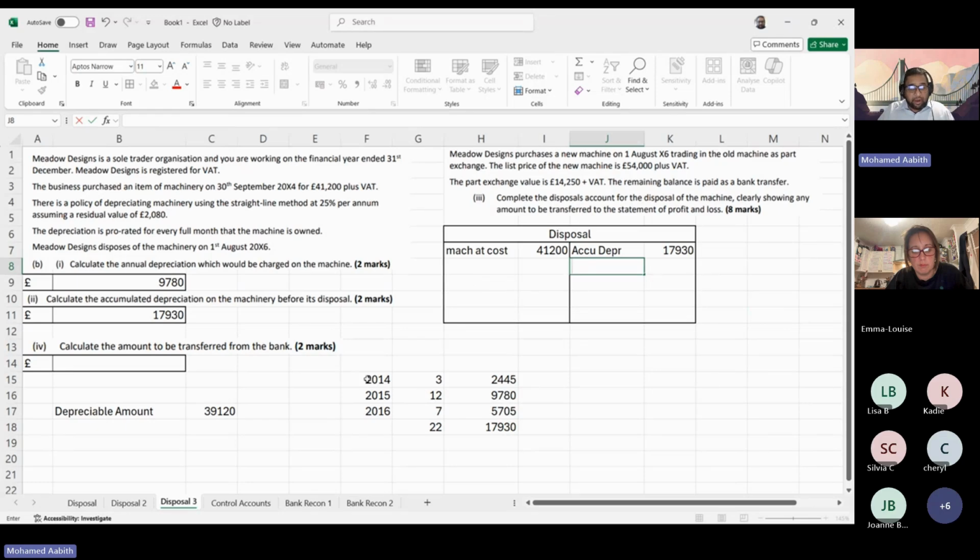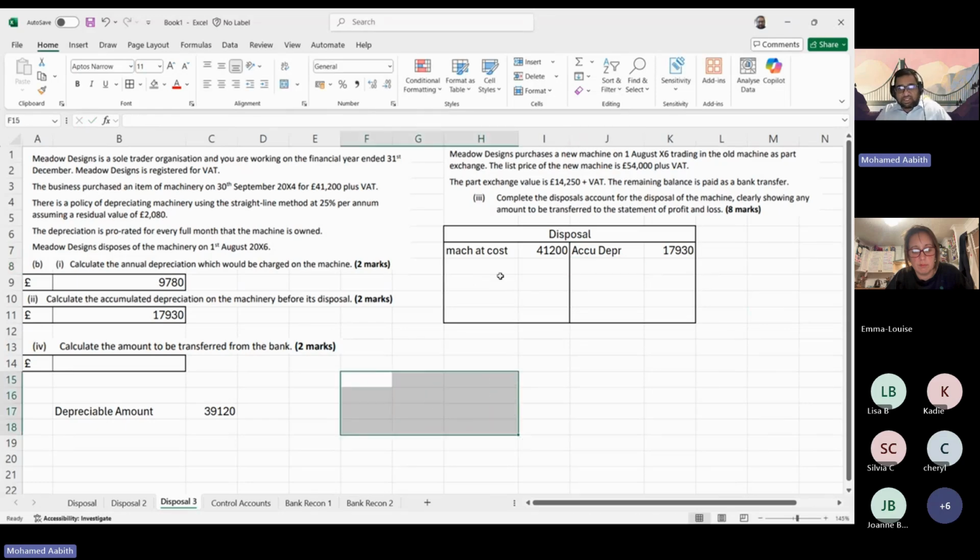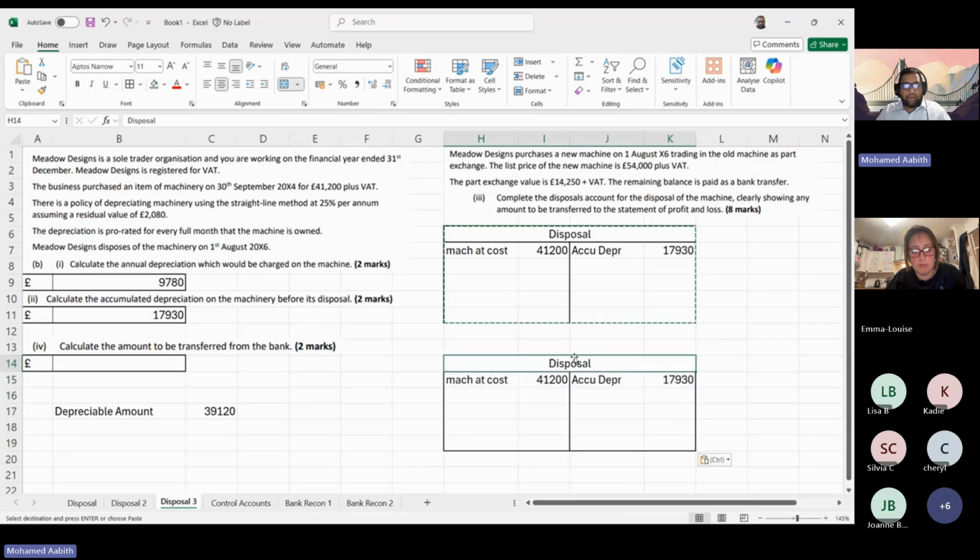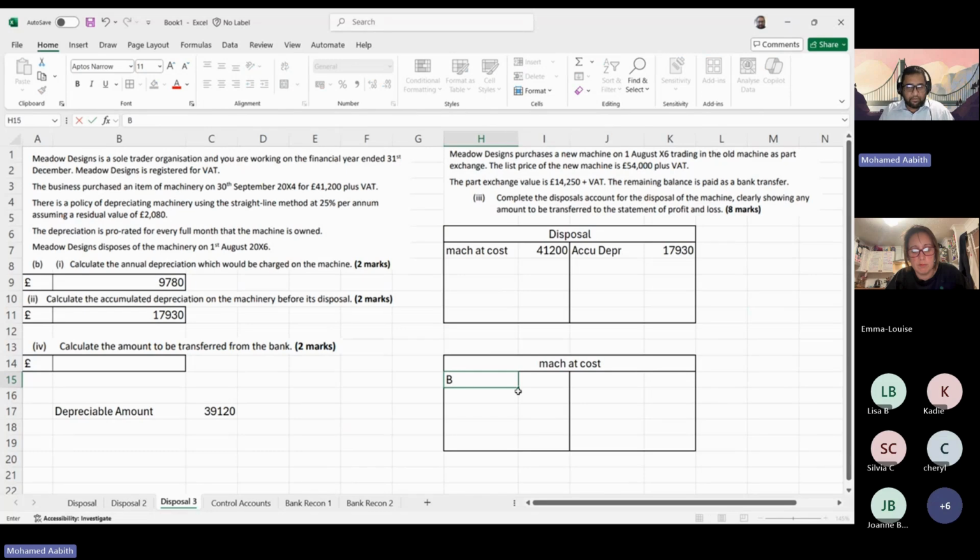So what happened here now? Let me just bring this up. I'm going to delete all of this. I don't need this. I'm going to give you a picture of how that asset account will look. So here, we're going to say machinery at cost. So here, what we paid originally. What is the cost of it that we originally paid? Say balance brought down, £41,200.